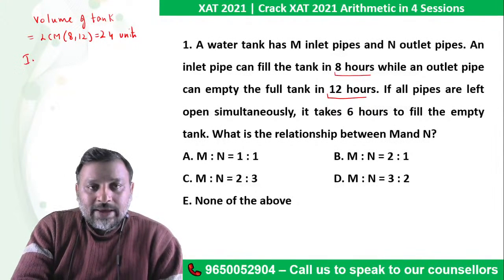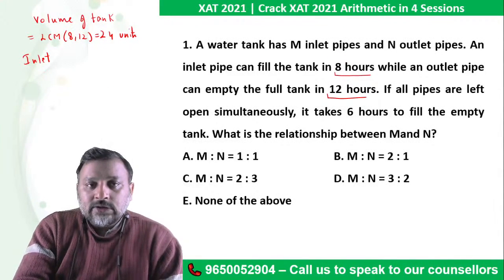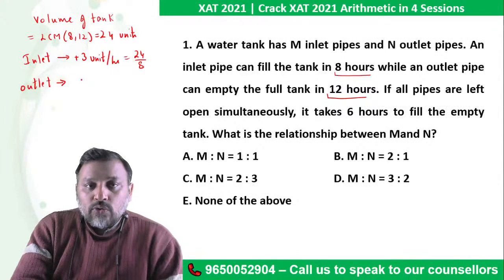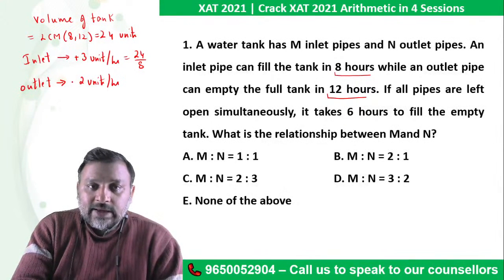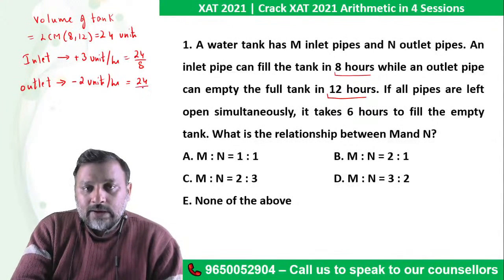So inlet can fill 24 units in 8 hours, that means inlet can fill plus 3 units in 1 hour, that is 24 by 8. Similarly, outlet can empty 2 units in 1 hour. Since it is emptying the tank, I'll take this with the negative sign, so it is 24 by 12.